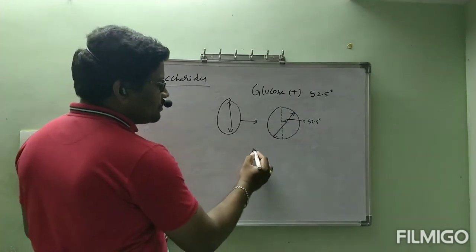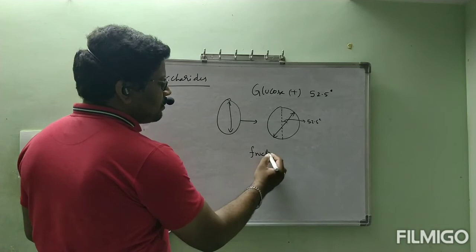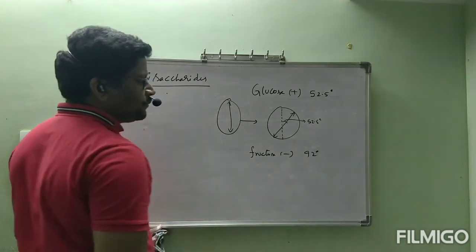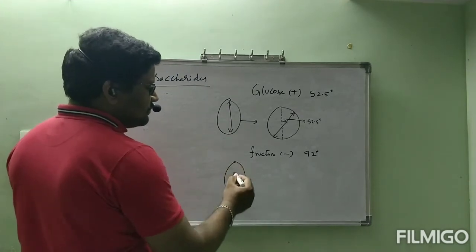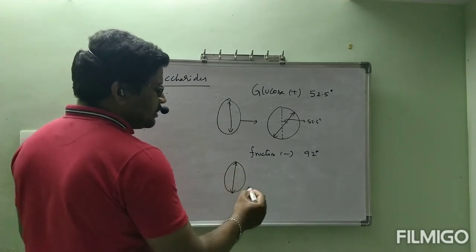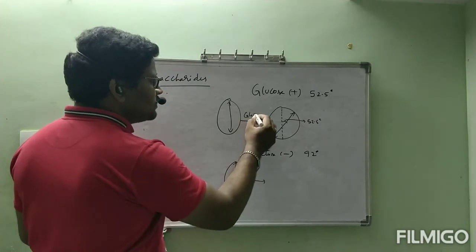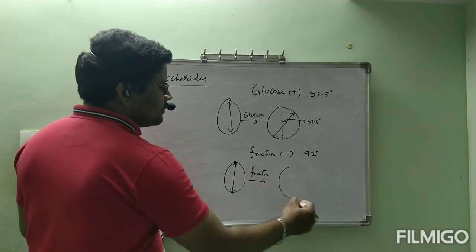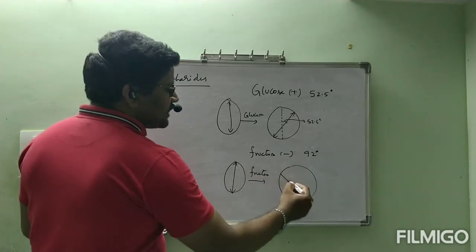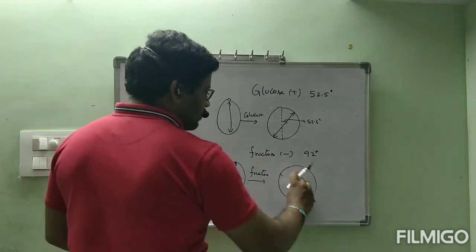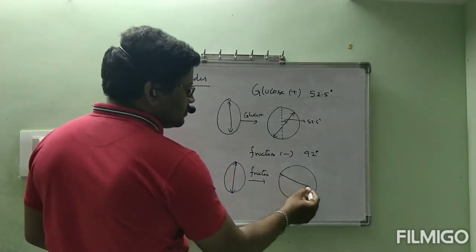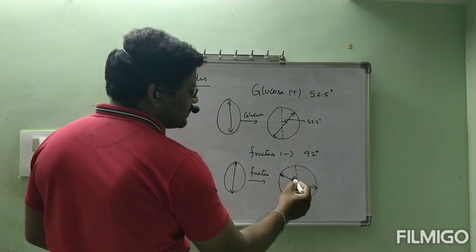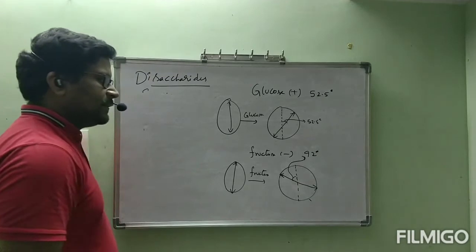Okay, next fructose. Fructose is levorotatory with angle 92 degrees. Meaning if polarized light is passed through fructose, it is turned towards the left side, with angle 92 degrees from the imaginary center.